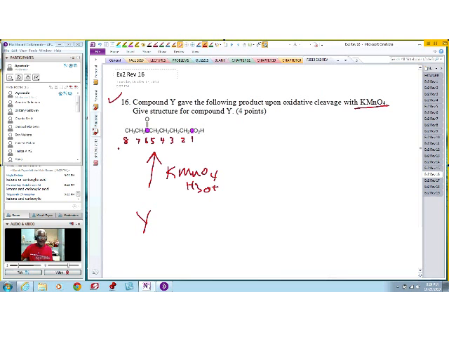Now, what does that tell you about this compound Y? Which carbons are you going to join to form the carbon-carbon double bond? You have to join 2 carbons. 6 and what? 6 is correct.